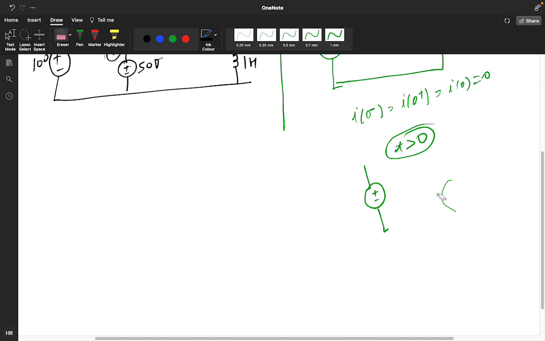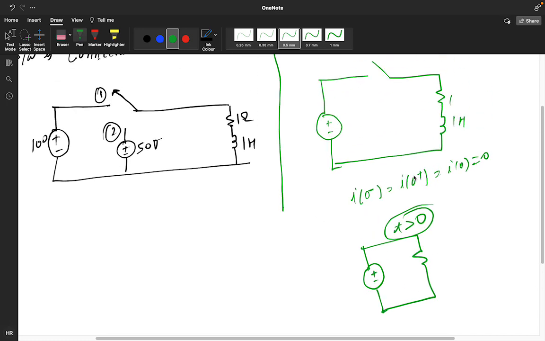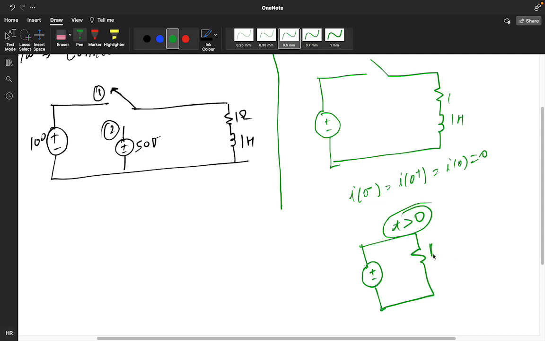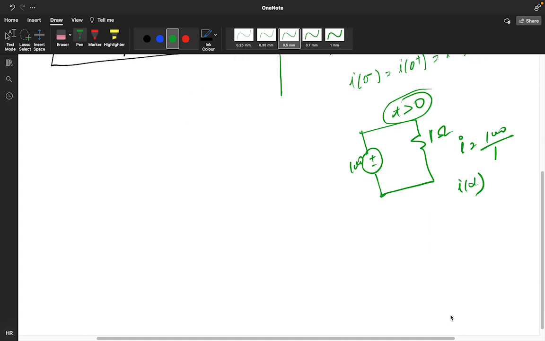We need to find the current. So we'll get one R value only, and that R value is 1 ohm, and this value is 100. So how much current will flow? 100 divided by 1. This is my I of infinite.